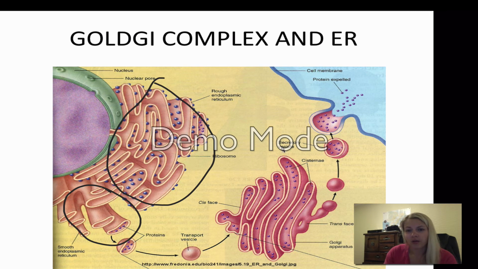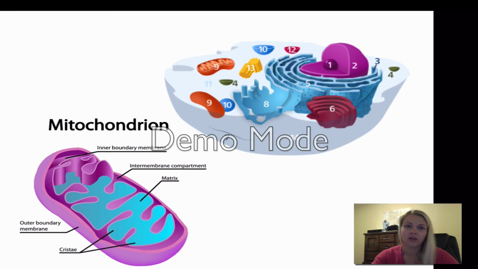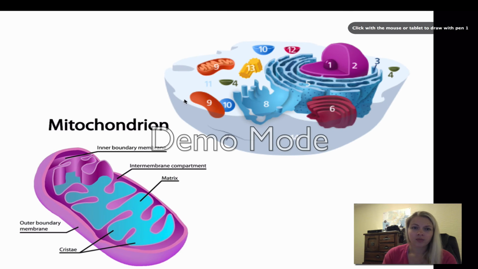Well, there is another really interesting organelle. It's called Golgi body, and it's basically an organelle that modifies all proteins, and it can add carbohydrates to the proteins and then transport them within or out of the cell. Another important organelle is a double-membraned mitochondrion. Well, mitochondria is the plural of mitochondrion. So, mitochondrion is known as the powerhouse of a cell.